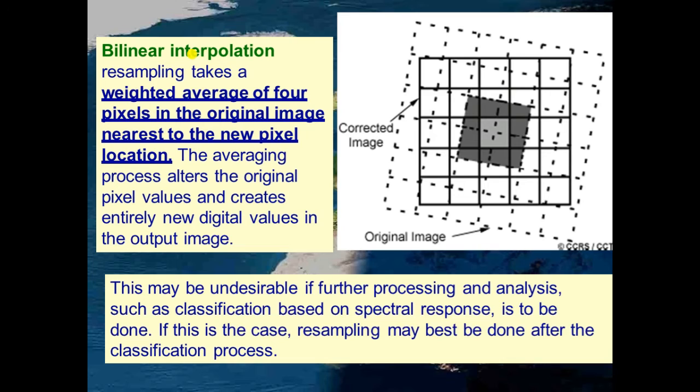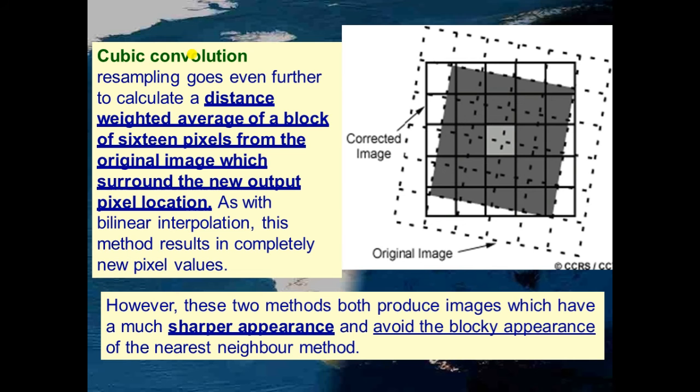The averaging process alters the original pixel values and creates entirely new digital values in the output image. This may be undesirable if further processing and analysis, such as classification based on spectral response, is to be done. If this is the case, the resampling may best be done after the classification process.